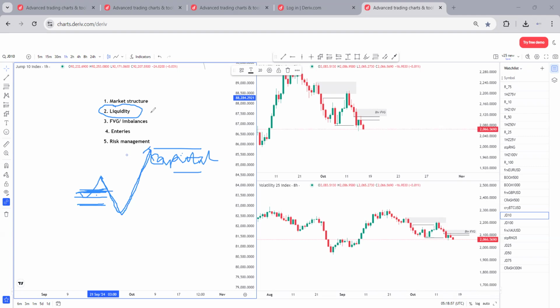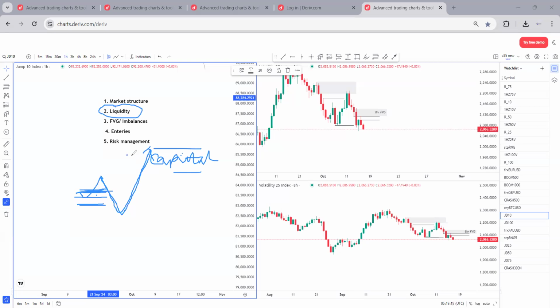So what you have to do is your liquidity assessment. Before your entry, you must identify all the liquidity zones around your entry point. There's a common saying in this business that if you cannot see the liquidity, then you are the liquidity.